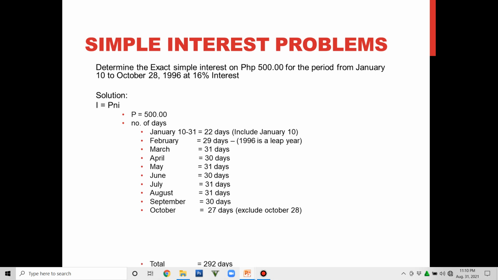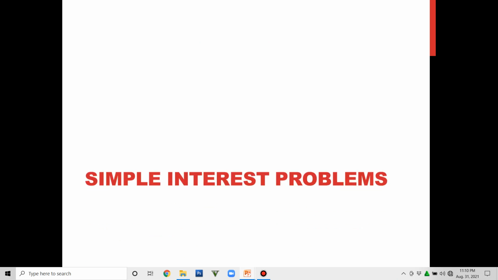So that is how to do it. Actually, you can also interchange that one. Kung gusto mo, wag mo munang i-include sa first date and then include mo doon sa last date. Either way. So at any rate, we have arrived with 292 days. We just divide that with the interest period of 366 days to come up with the number of interest periods.